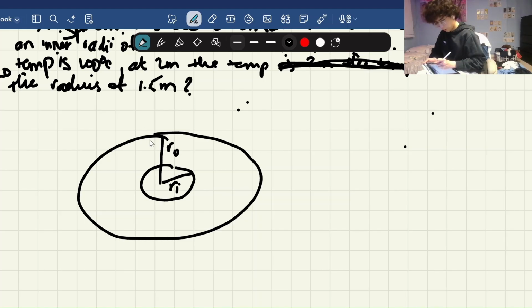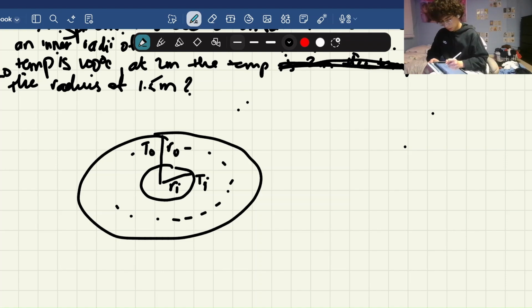Let's say at the outer radius we have a temperature of 0 degrees, and at the inner radius we have a temperature of 100 degrees. And then at the radius of 1.5, what is the temperature?